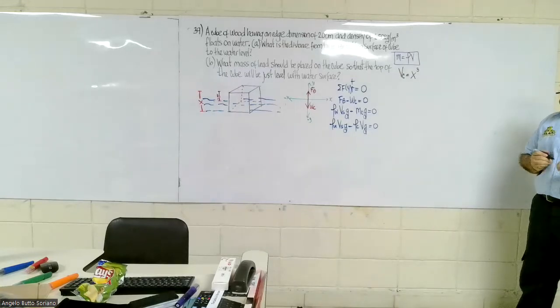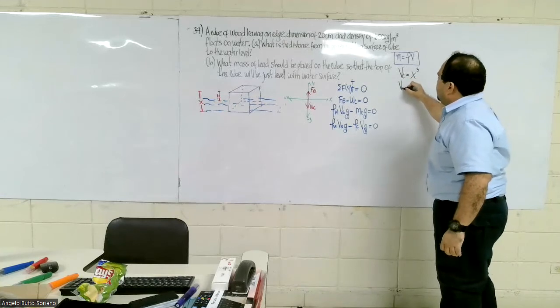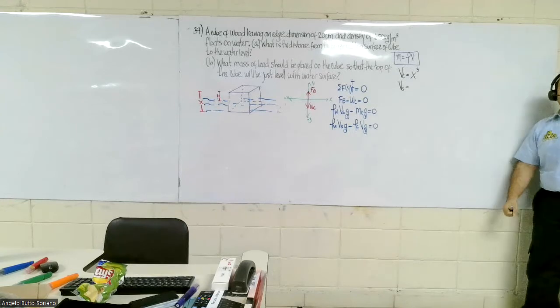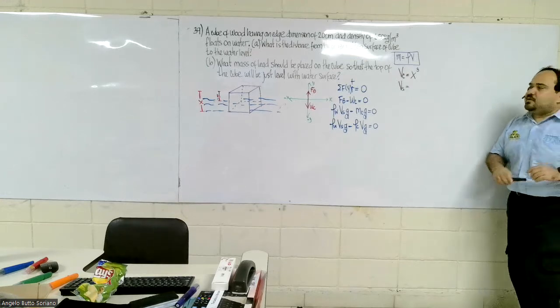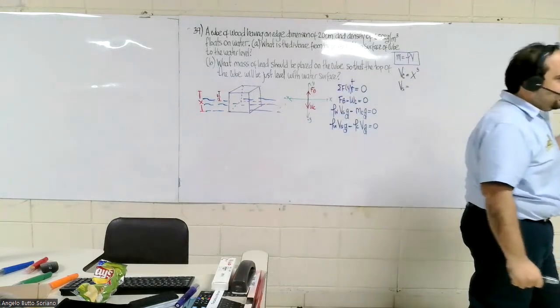However, in the submerged volume of this cube, only one of these edges is not completely submerged. One of these edges, right? Remember, you can take this edge, so this part is not completely submerged, right?